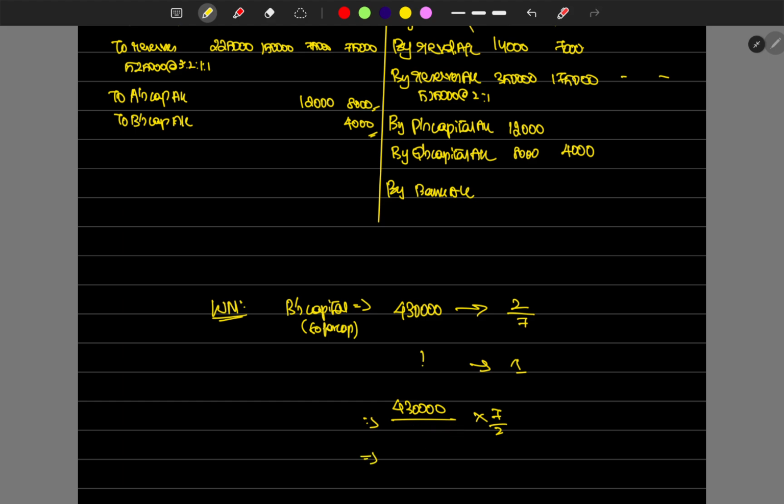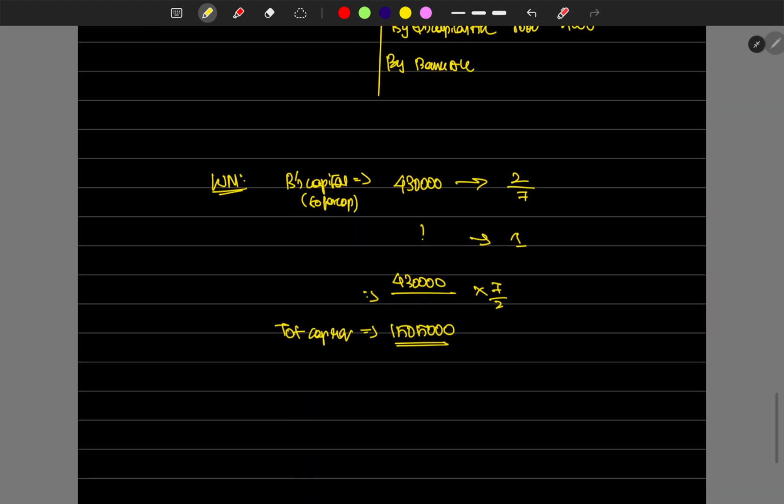So 4,30,000 into 7 divided by 2, which is 15,05,000, the total capital required. So what for A's share and B's share?